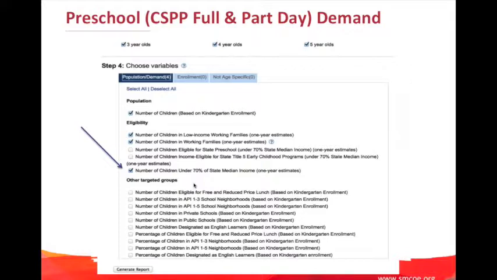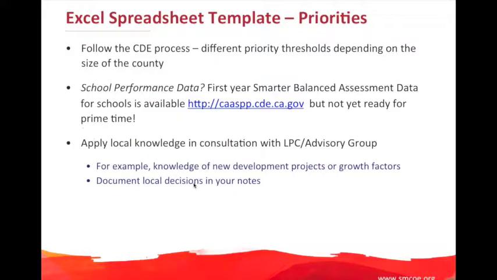And you will make note of how many 5-year-olds you have that are income eligible in working families, because you'll want to add that to your school age data. I hope I didn't lose you there, but that's it. So then you'd move on to school age, and you would do virtually the same thing.